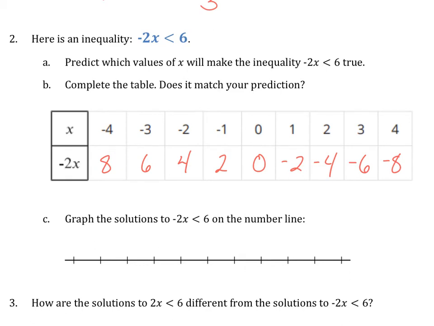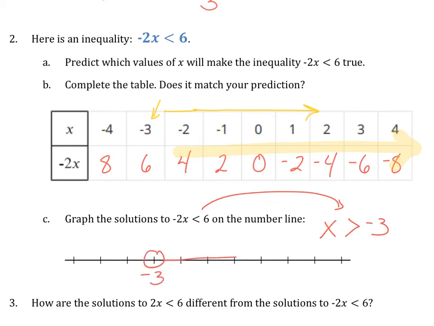So now what you can say is you are not going to have negative 3 be a solution, but anything greater than negative 3 is going to give you an answer to this. So this is now going to be x is greater than negative 3. We've flipped the sign from the original problem, and now we are going to be coloring to the right-hand side, and we have a negative answer. So we've got a negative 3, and we are shading in the line to the right-hand side.